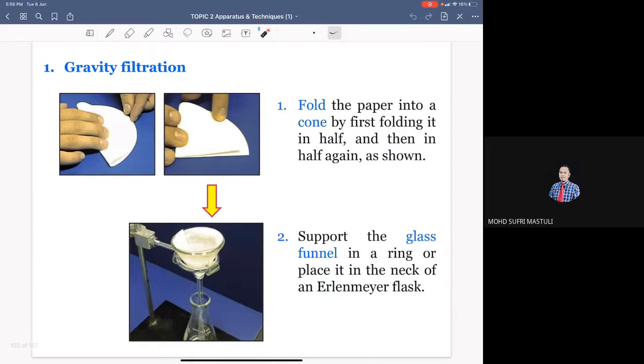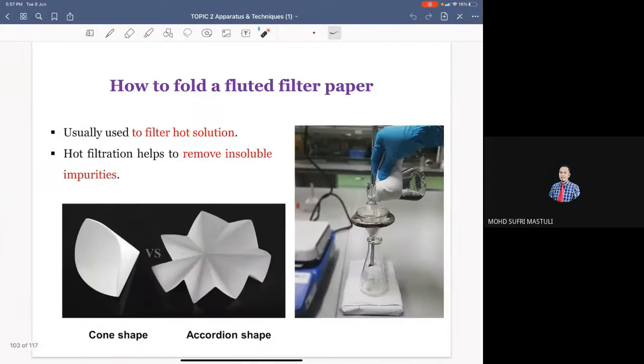For gravity filtration, we fold the filter paper into a cone shape, and then we put the cone shape filter paper on the glass funnel. The glass funnel can be supported onto a ring, or it can be placed directly onto the neck of the conical flask.